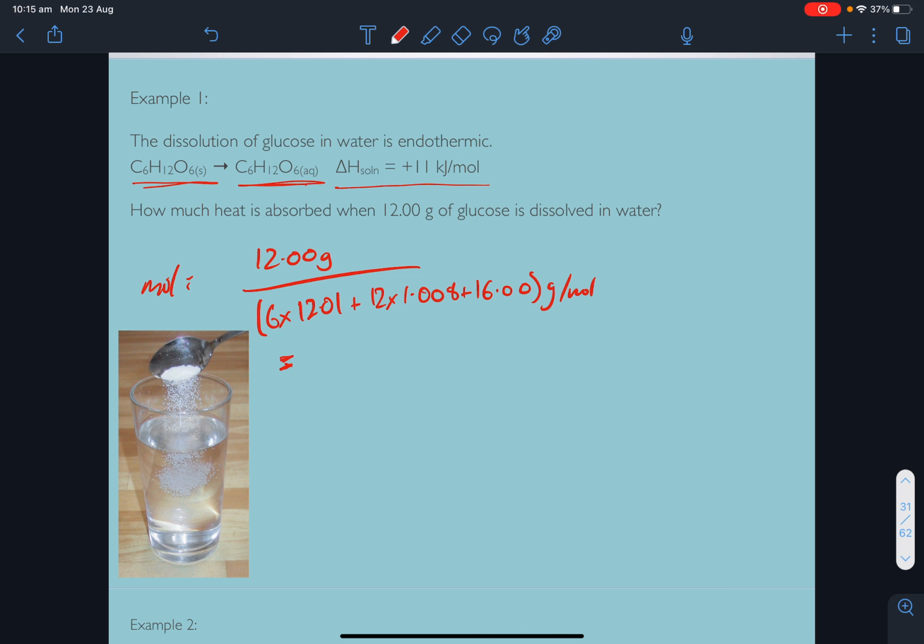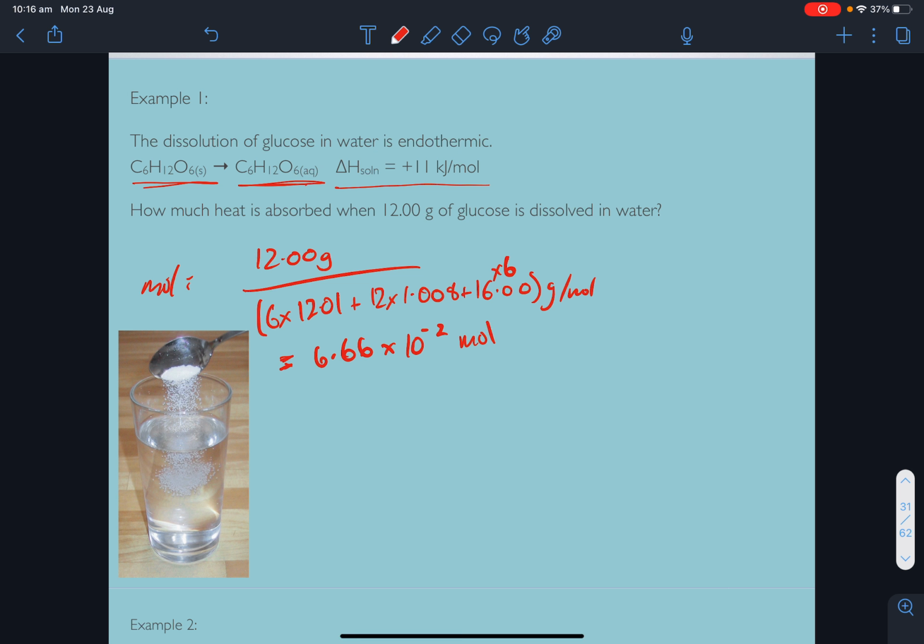Let's put it in our calculator: 12 divided by bracket 6 times 12.01 plus 12 times 1.008 plus, it's 6 times oxygen, isn't it? Why did I say 1? I was back on that alcohol problem. Plus 6 times 16.00. That's better. Wouldn't it be embarrassing if I couldn't even calculate a molar mass? Okay, so I've got 6.66 times 10 to the negative 2 moles of glucose.